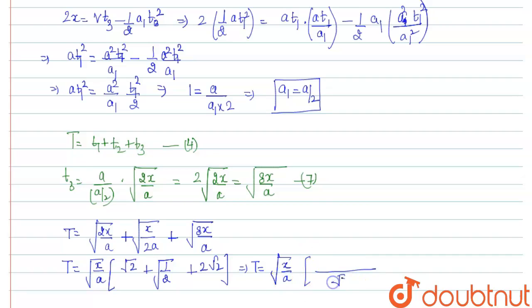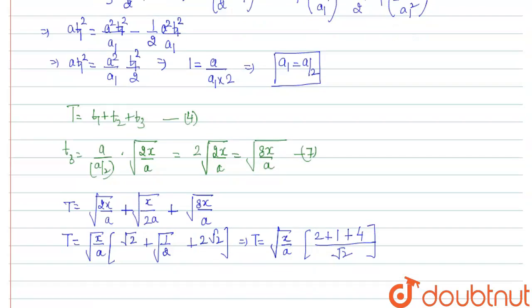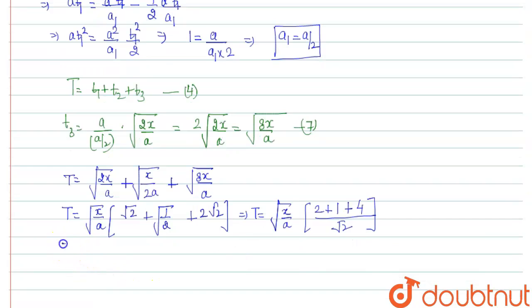LCM is root 2. Root 2 into root 2, 2 plus 1. 2 2s are 4. So we write here that capital T is equal to square root of x upon 2a into 2 plus 1, 3 plus 4, 7.